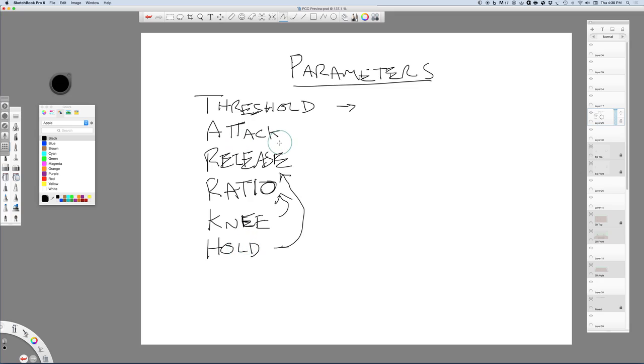So with the threshold settings, there are also multiple thresholds. Sometimes on gates, you'll have an open threshold and a closed threshold. So the signal uses the open threshold to open. So now the gate is open. But now the closed threshold quite often is lower than the open threshold, so that you have more control over the release.